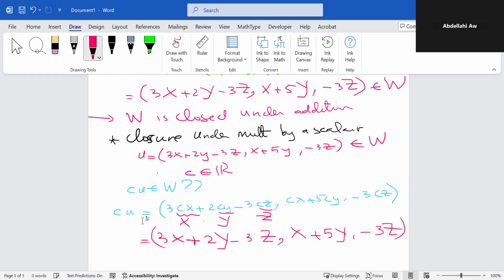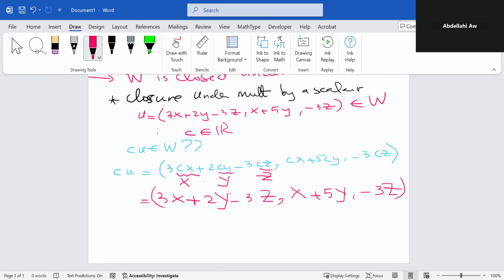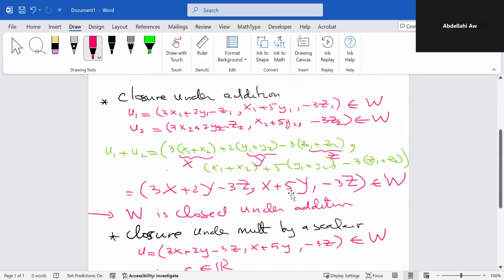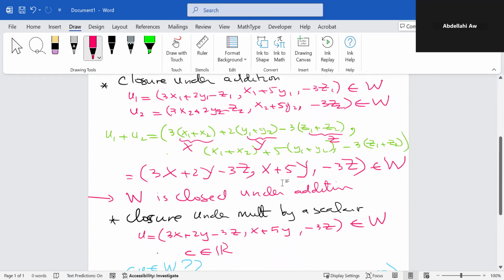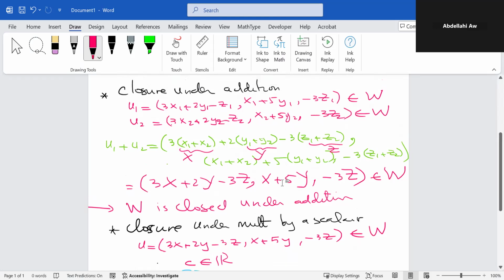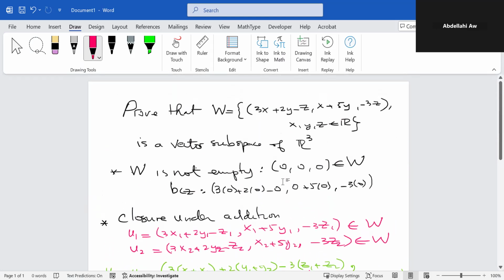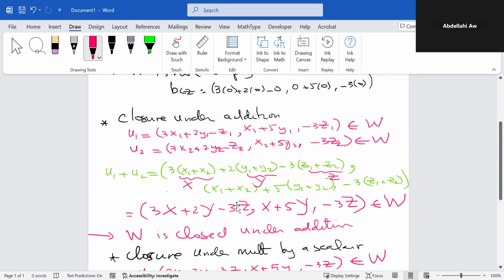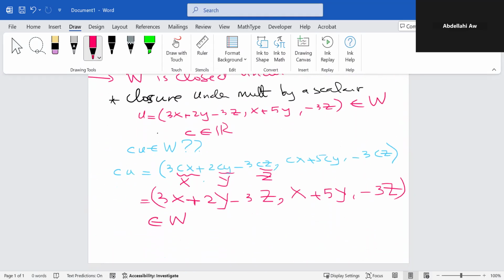You see, again, this is exactly the form of an element of W. So I verified the three axioms for something to be a vector subspace. As you can see, it's not calculation heavy, so do not expect it to be. But it's very important to lay down your argument properly, for the reader, for the grader. All right. Thank you very much.